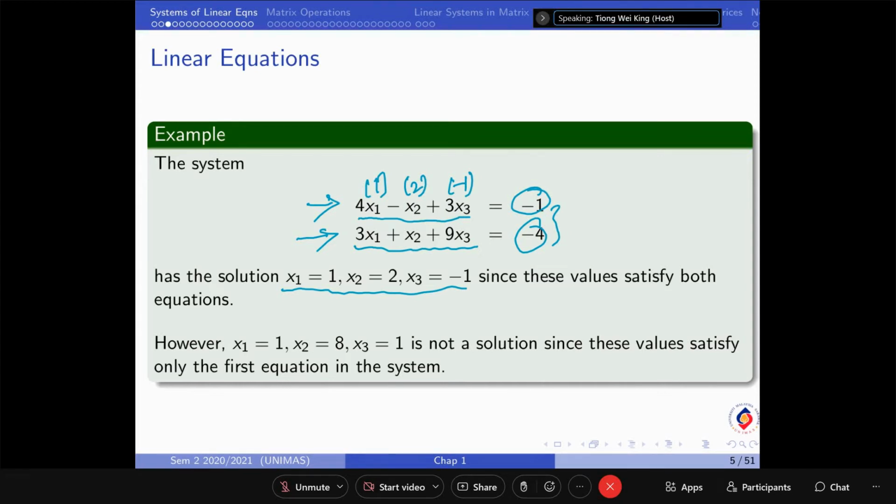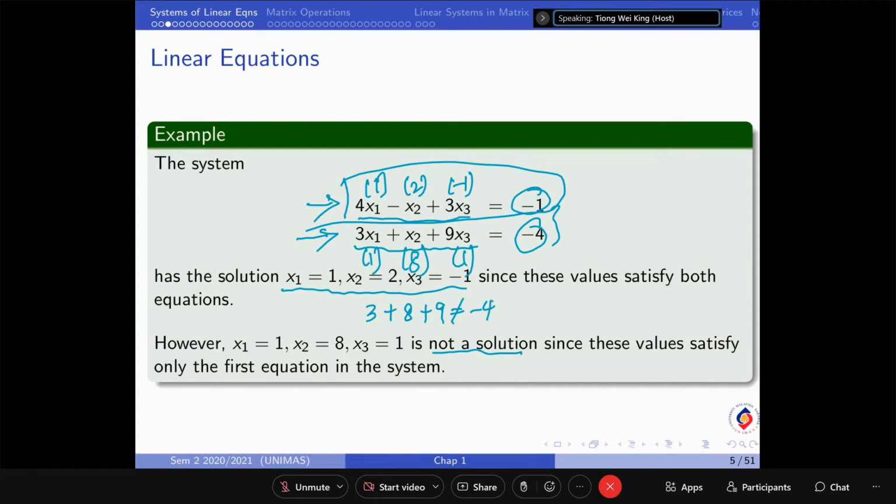However, x1 equals 1, x2 equals 8, and x3 equals 1 is not a solution because it only satisfies the first equation and doesn't satisfy the second equation. If we replace x1 with 1, x2 with 8, and x3 with 1, we obviously get 3 plus 8 plus 9, which is not equal to -4.